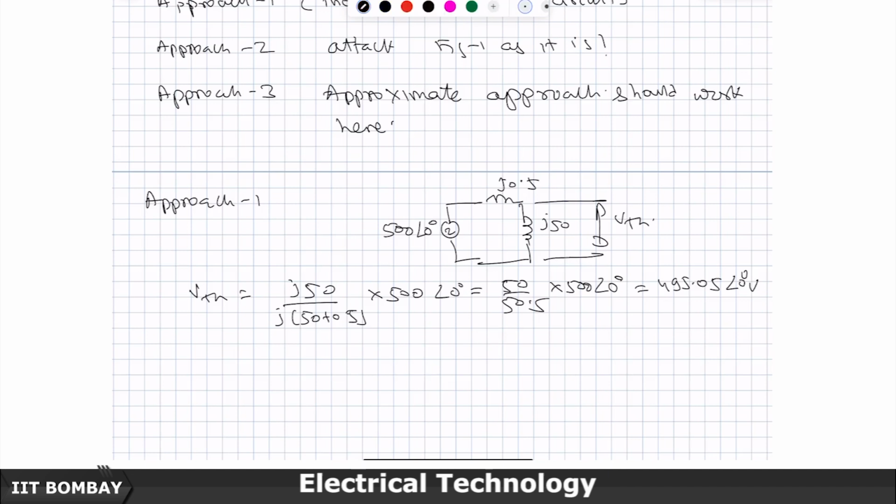Now, let us calculate the X Thevenin. For calculating X Thevenin, what do we have to do? Since the source will be short circuited, you are going to take a parallel combination of j0.5 and j50.